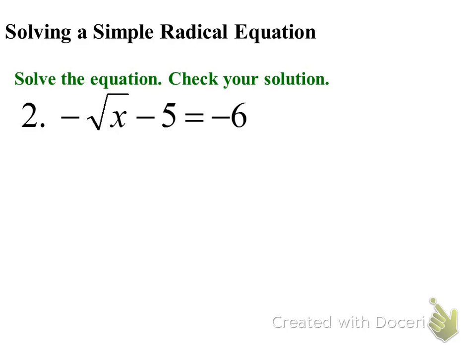You start undoing the problem. So, add 5 first. Divide by negative 1. And then we have to undo that square root by taking each side to the second power.